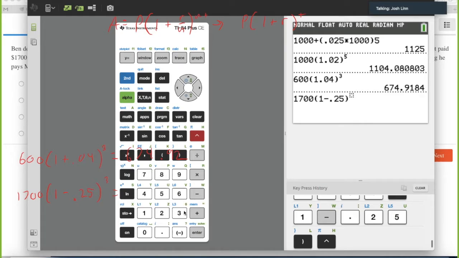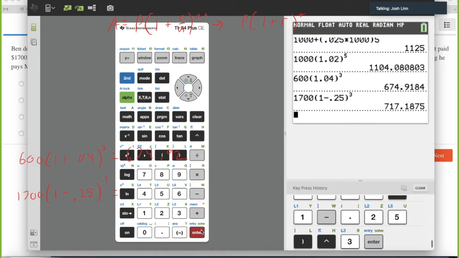I'm being lazy. Don't judge. So the computer is going to cost $717. Wah, wah. We'll round up for him too.